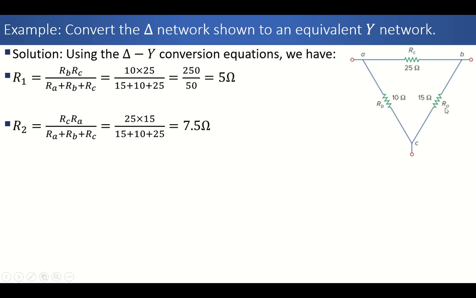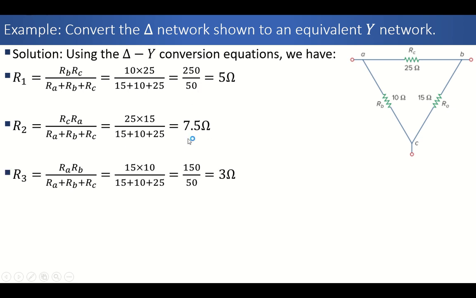So RC is 25 multiplied by RA which is 15, divided by again 50, so this will be 7.5. Similarly, R3 will be equal to RA RB, so 15 into 10 divided by 50 is 3 ohms. So the equivalent Y network is shown.